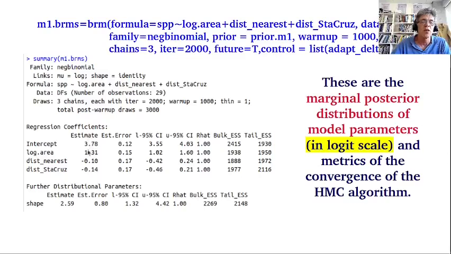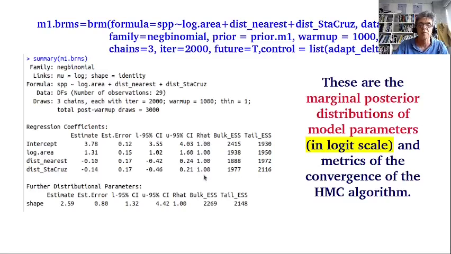These are the means of the posterior distribution. These are the standard deviations, which here correspond to the standard error of these marginal posterior distributions, and the 95% confidence intervals. This shows that there's a 95% probability that the partial slope of the area is between 1.02 and 1.6.